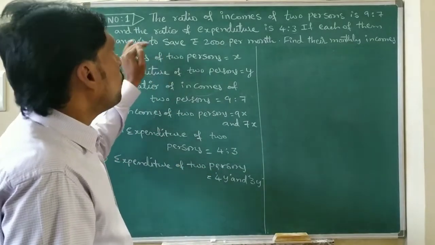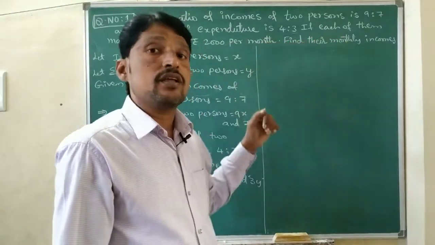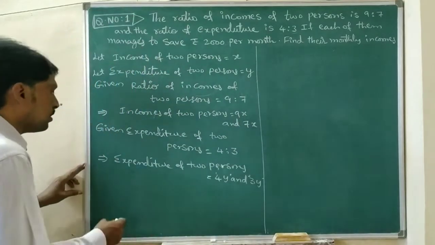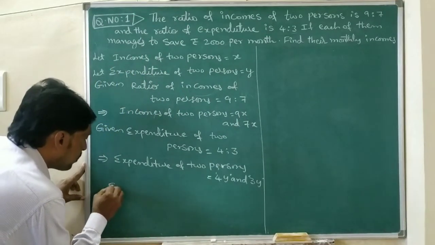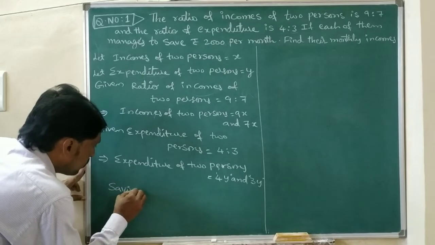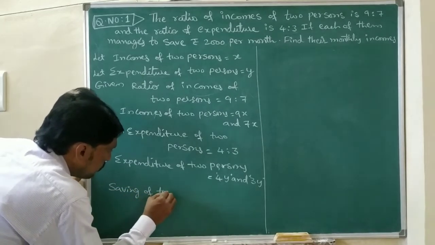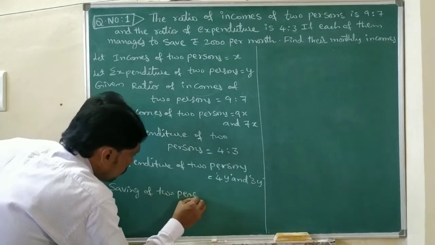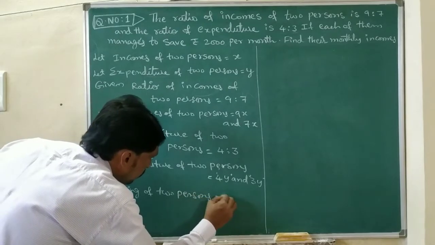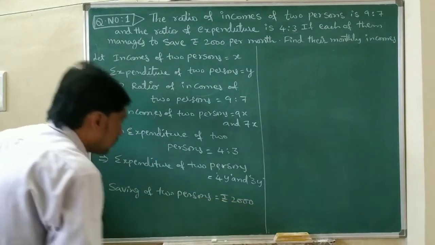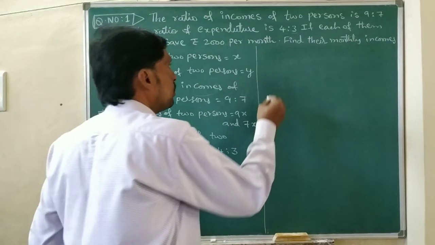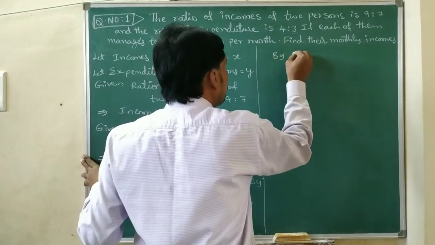Now here, how much is each saving? 2000 rupees they are saving. Savings of two persons equals rupees 2000, so rupees 2000 we got here by the problem.